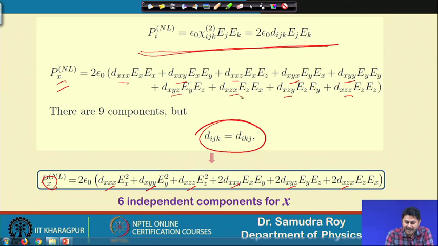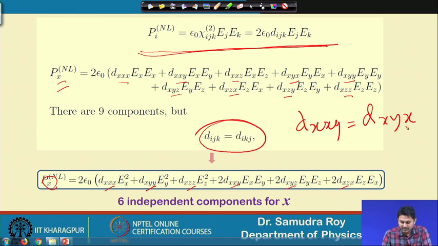Once we have these, you will find that d of x y is equal to d of y x. These terms appear in both cases, because in both cases the multiplication term E x E y is the same.